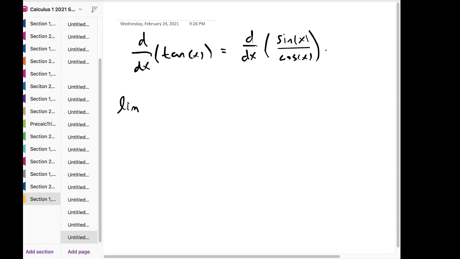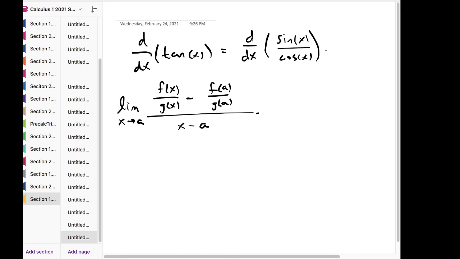Try to develop this rule. It's very similar to the product rule. We have to multiply and divide by something. But it's good practice, just for math intuition.